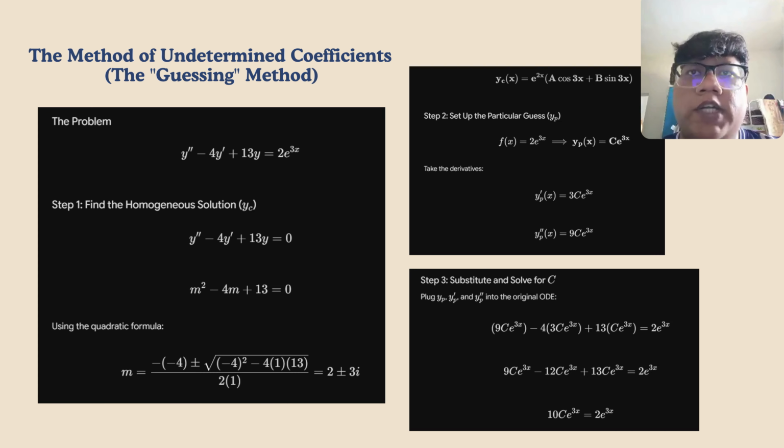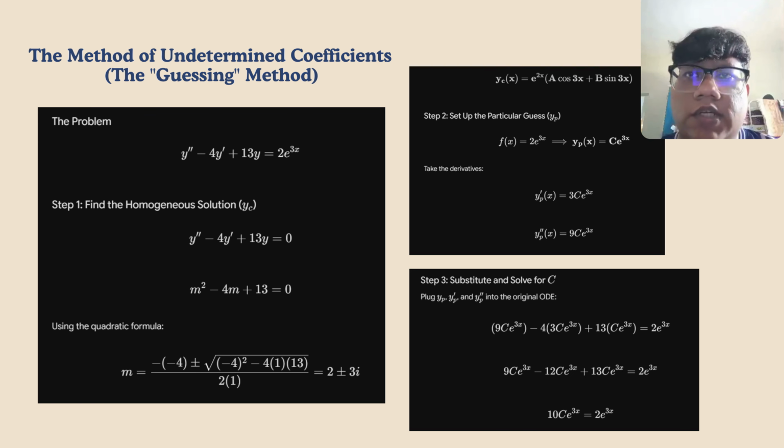For the problem y double prime minus 4y prime plus 13y equals e to the 3x. The first step, we use the homogeneous equation, which is y double prime minus 4y prime plus 13y equals 0. So it will be m squared minus 4m plus 13 equals 0.